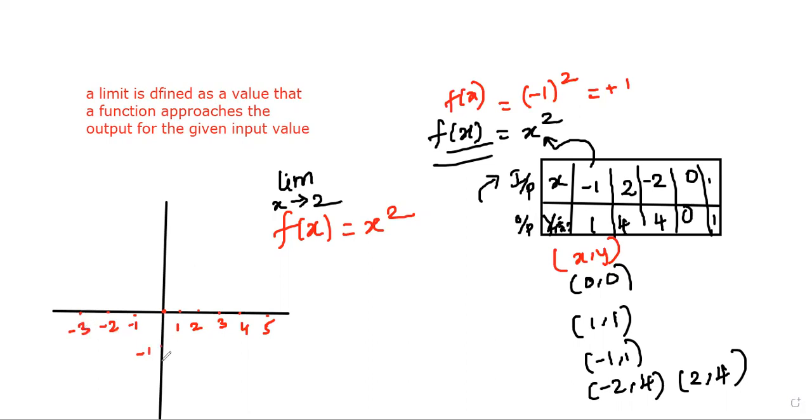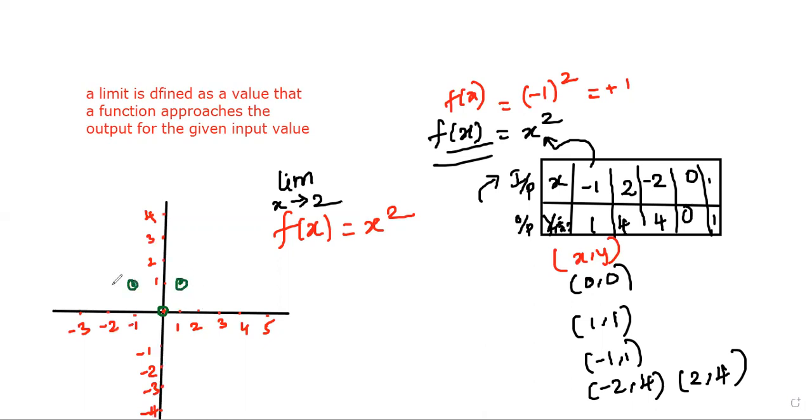The left-hand side of the x-axis and the downward y-axis go negative. And this you are aware of: the positive x-axis and positive y-axis go like this. So the coordinate 0, 0 is here. 1, 1 is here. -1, +1 means it's here, right?